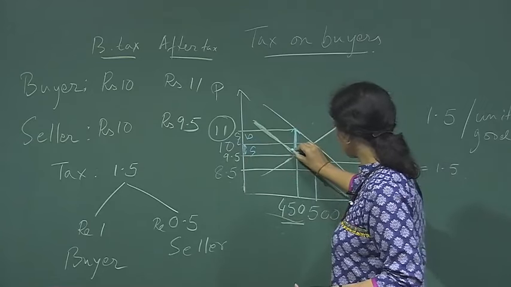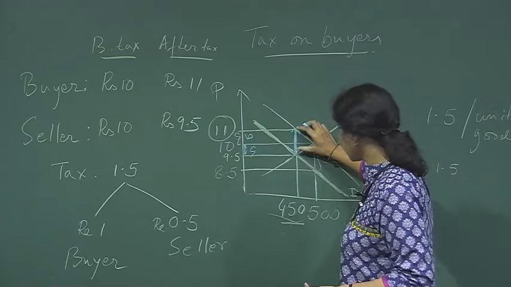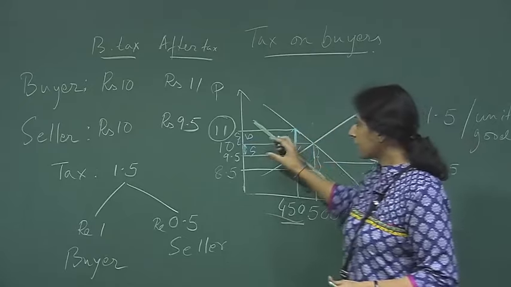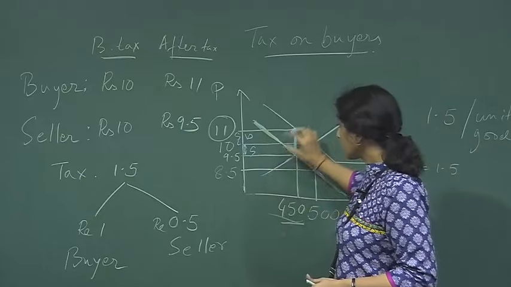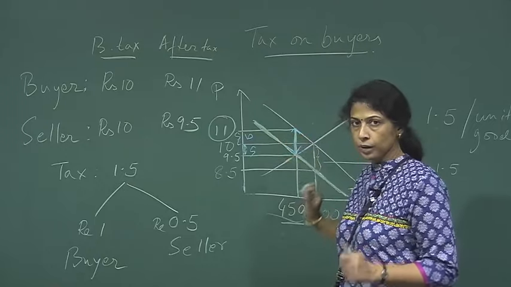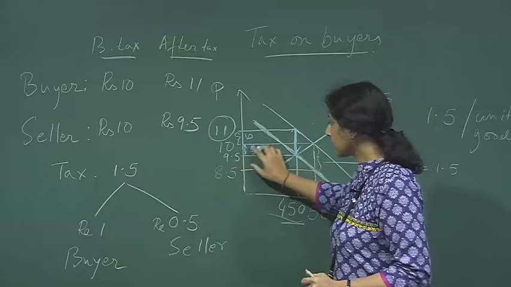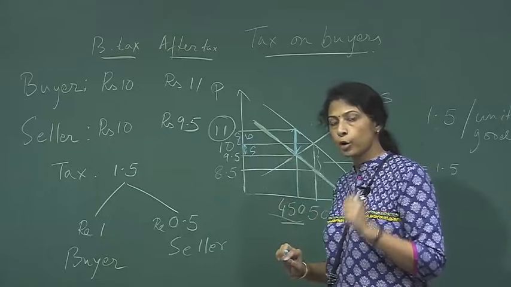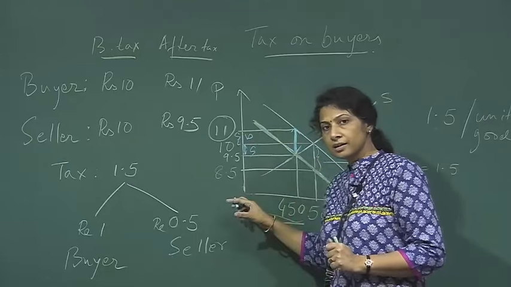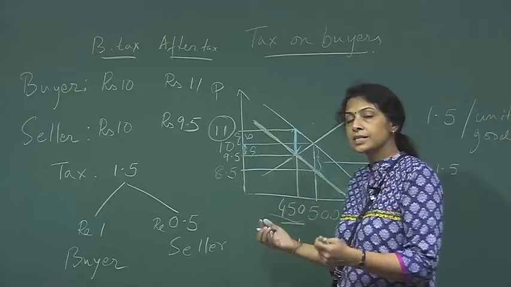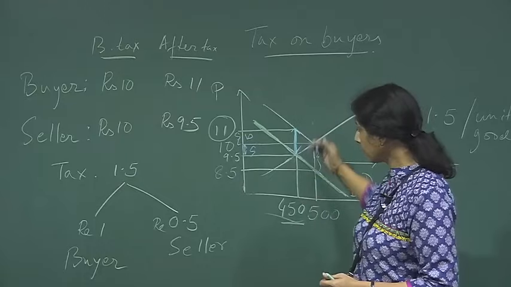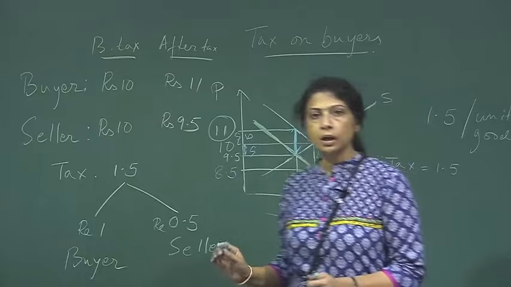It creates a wedge between the buyer's and the seller's prices. So, the buyer ends up paying rupee 1 out of the total 1.5 of tax, and the seller ends up getting a price 0.5 less than the original price, as if he is paying that amount as the tax. So, this 1.5 gets split up between the buyer and the seller in the case where the tax is on the buyer.